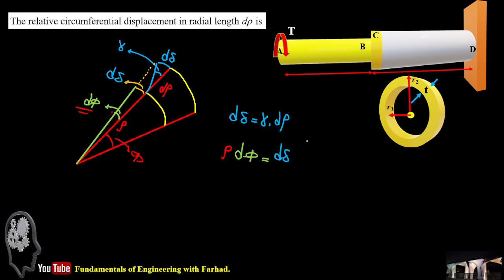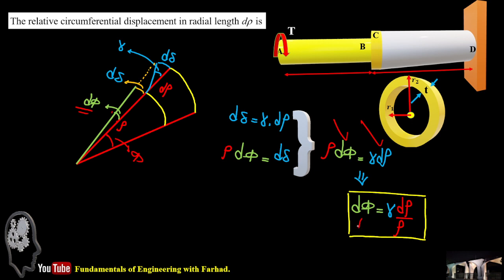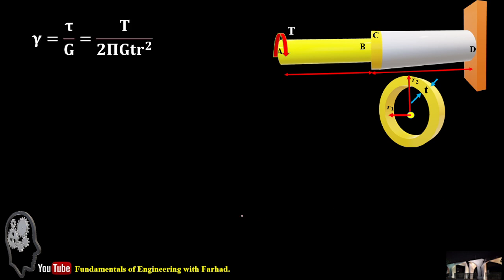Combining these two equations gives us rho d phi is equal to gamma d rho, and that gives us a differential relation for the angle of twist: d phi is equal to gamma d rho over rho, and d rho over rho is simply dr over r.